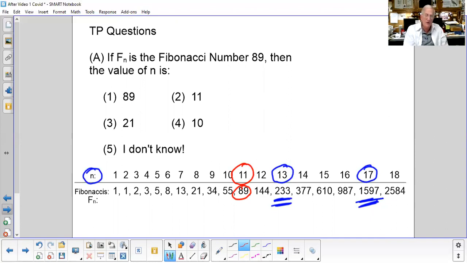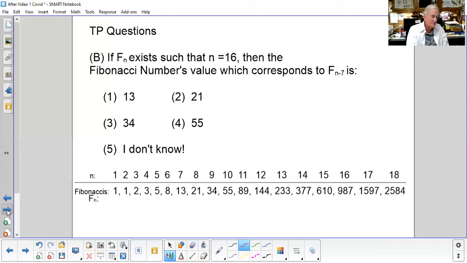So it is referred to in notation using subscripts and the capital letter F as F sub 11. So the correct answer for this is choice 2. F11, in other words, the Fibonacci number in the 11th position of the series, is 89. No problem, right? Let's go on.